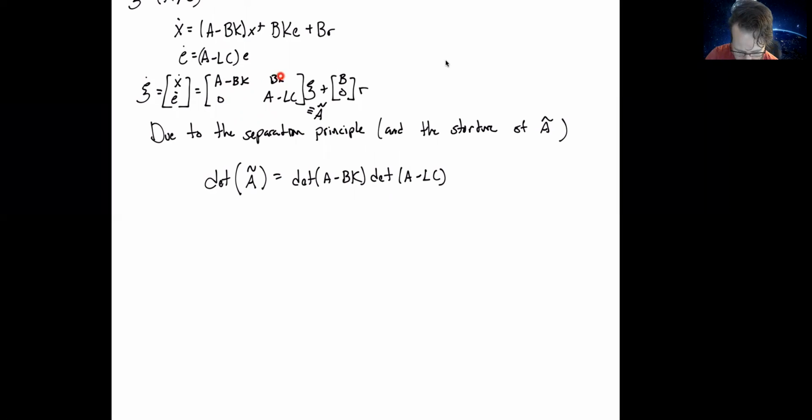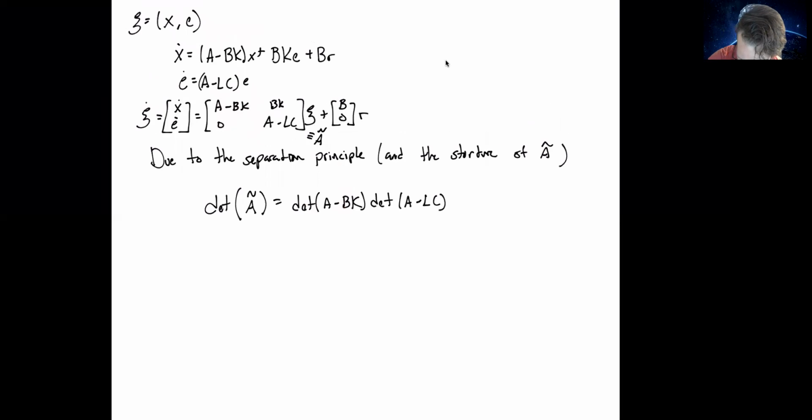This is 0, so it resolves to just finding the determinant of the 1,1 element and the 2,2 element, and the combined is the determinant of the full thing. So that's pretty neat. We just showed that we can essentially design our controller and observer separately and independently from each other, which is really powerful. Under this assumption of linear time-invariant systems, we can actually decouple the designs for both of them.